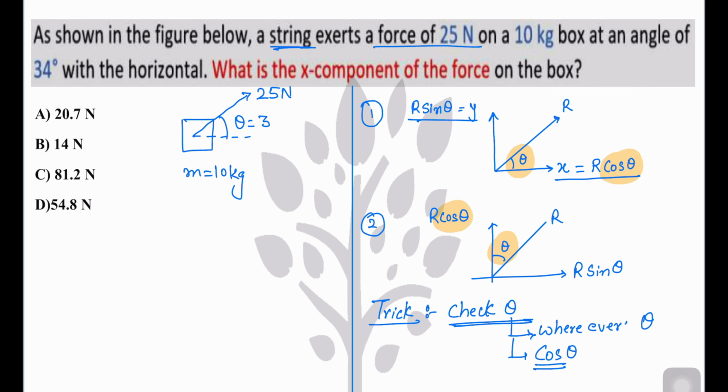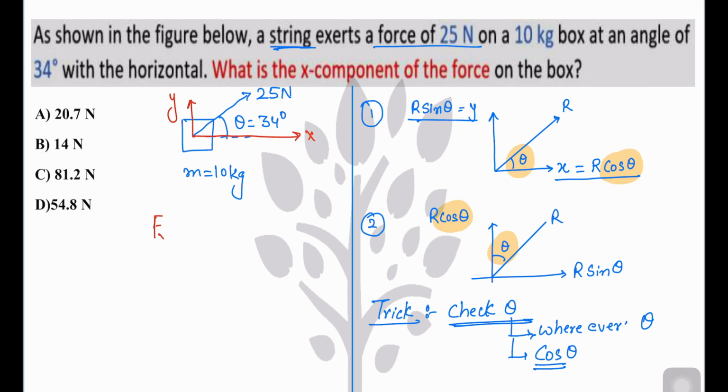Theta is 34 degrees. So what is the x component of the box? You will understand that this is called the x component and this is your y component.